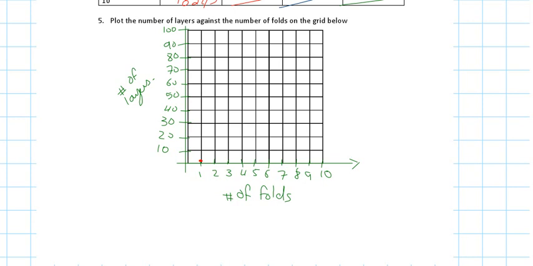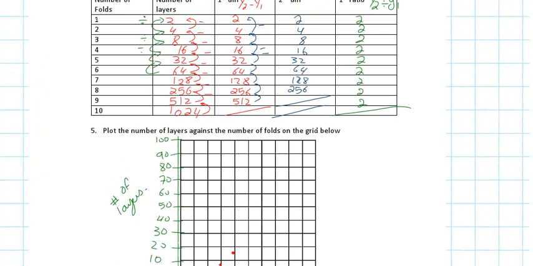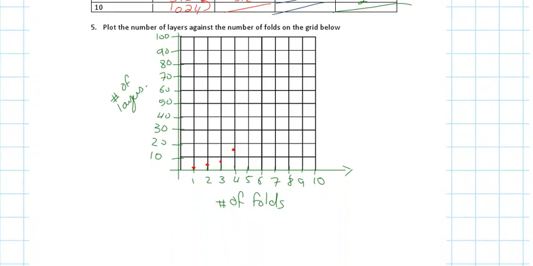How about 2, 4? 2, 4. 3, 8, getting closer to the 10. 4, 16. Do you guys know where I'm getting the numbers from? Yeah. So if you go back here, I'm looking at 4, 16. Now I'm looking at 5, 32. So 5, 32. 6 was 64.